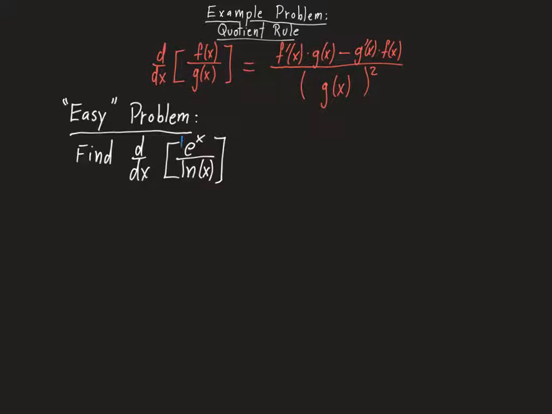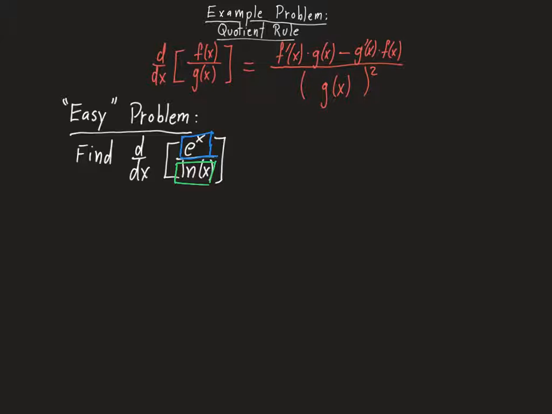I'm going to use the same color scheme that I used in the previous video, and call this top function, which is e to the x, f of x, which is the function in blue. And the bottom function, which we're calling g of x, I will have be the function in green.